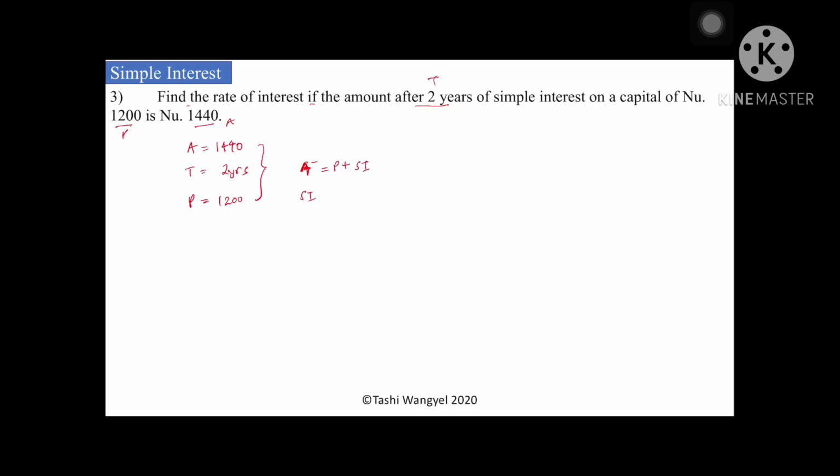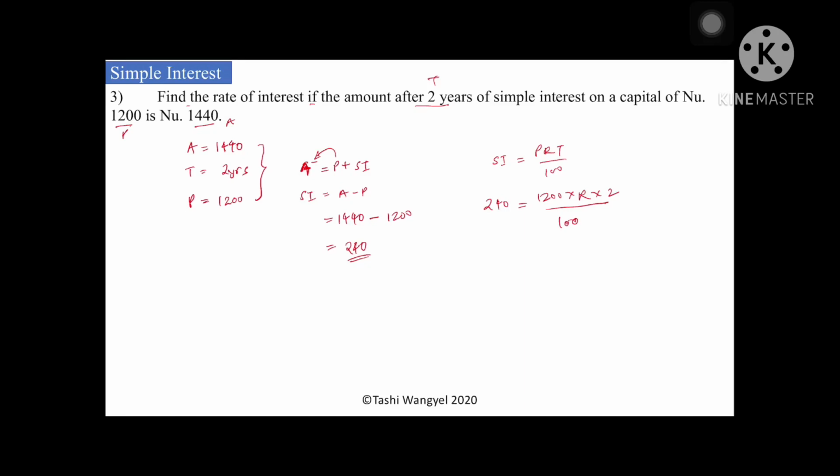So the interest is amount minus principal, 1440 minus 1200, which is 240. Now the simple interest is PRT by 100, so 240 equals the principal 1200 into rate into time 2 years divided by 100.